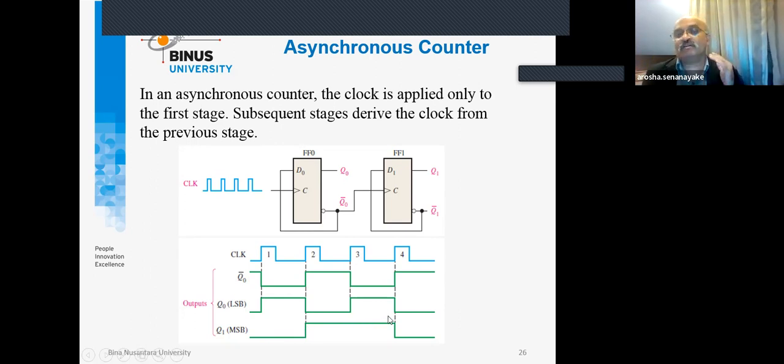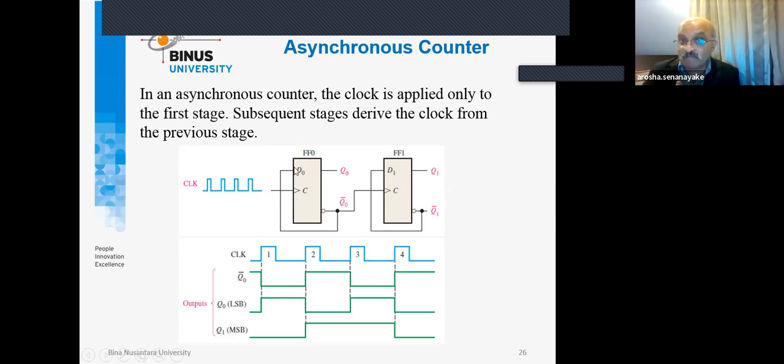So this is activated only after Q0 bar is produced. Therefore 2 clock cycles are required to see Q1. Very important: if this clock is not available, nothing will be found in Q1 at all.